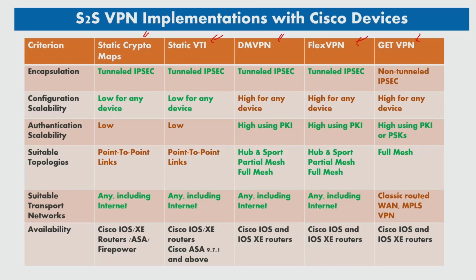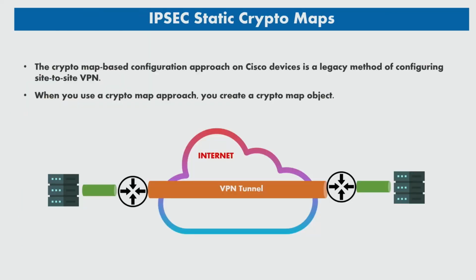On the left side, it gives you the criteria, like encapsulation, configuration scalability, authentication scalability, suitable topology, suitable transfer networks, and availability. Inside it, you can see the characteristics of each of the settings based on the criteria. So this is a very good reference if you are deciding which type of VPN implementation you want to use.